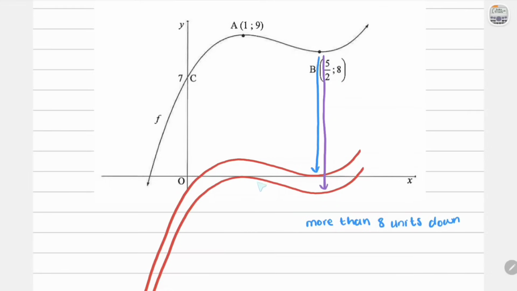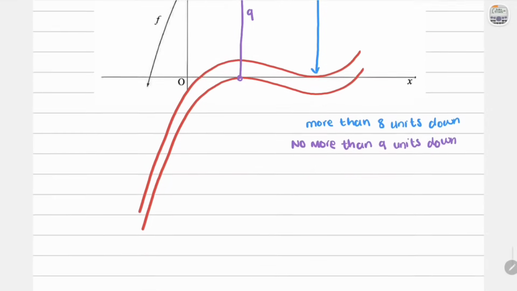Well, you can see that easily from this side. Okay, so you're going to have to look at the local maximum. It used to be at 9, and then it moved down so that this y value is now at 0. So we must have moved it 9 units down. Okay, so it should go down more than 8 units, but no more than 9 units.